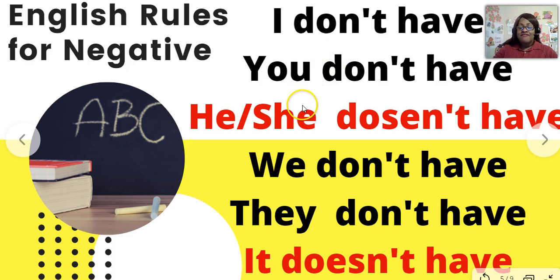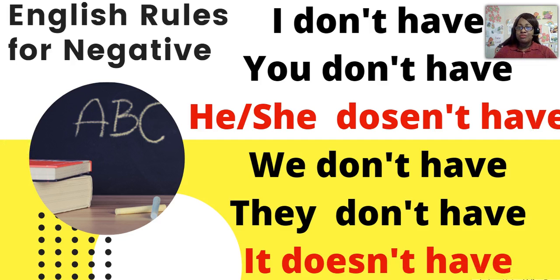You don't have a new car. He or she doesn't have a new car. Martha doesn't have a new car. We don't have. They don't have, whatever. It doesn't have.